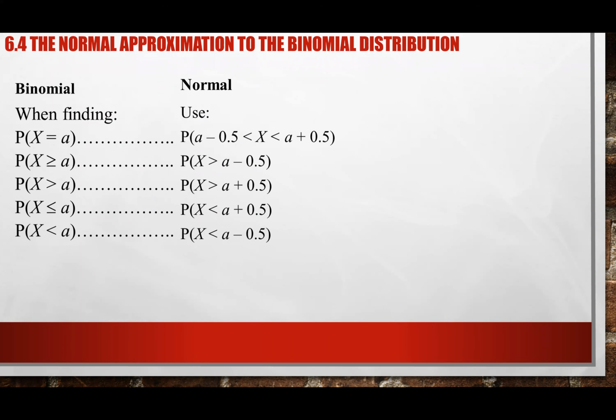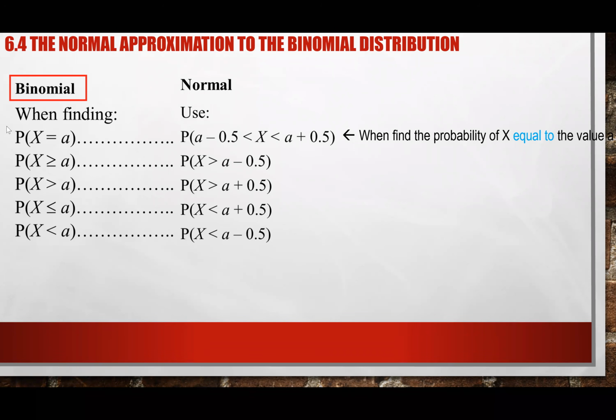So looking at this item, this basically tells you that if they ask you for a binomial distribution and they ask you to find at one particular point, if they ask you to find the probability of exactly 2 people, right? Find the probability exactly, which is x equal to a number.